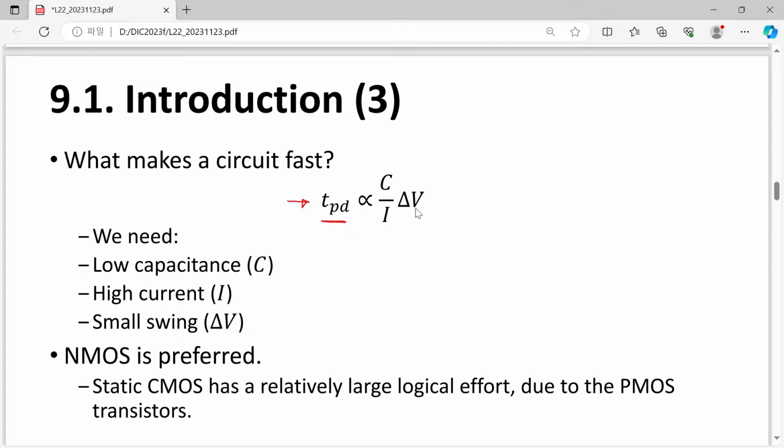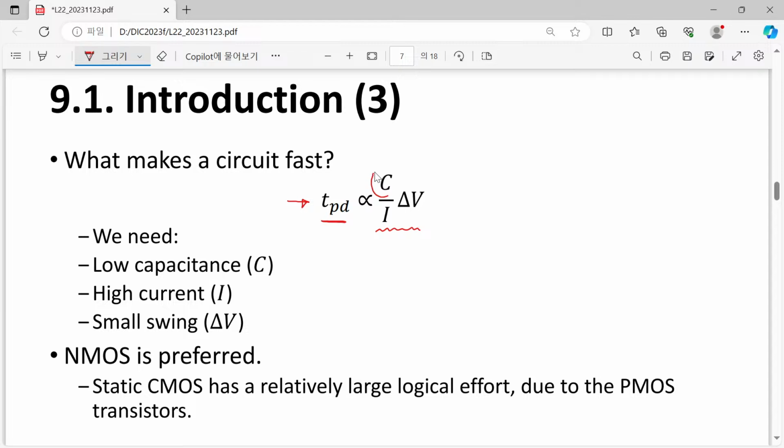Propagation delay is simply proportional to these factors. For example, if we have a large capacitance, then it takes some time to charge and discharge. The amount of charge is not solely determined by the capacitance, but by the capacitance multiplied by delta V, which corresponds to our VDD.